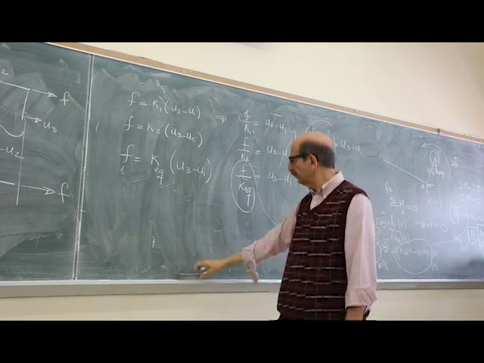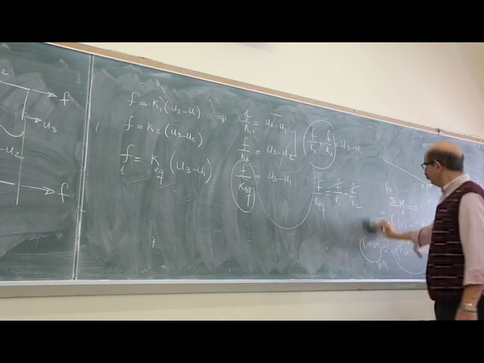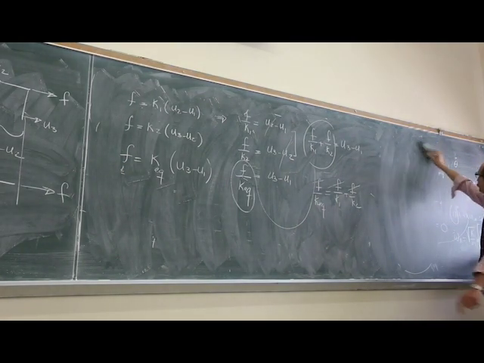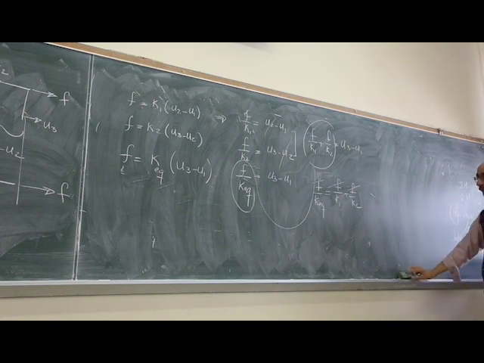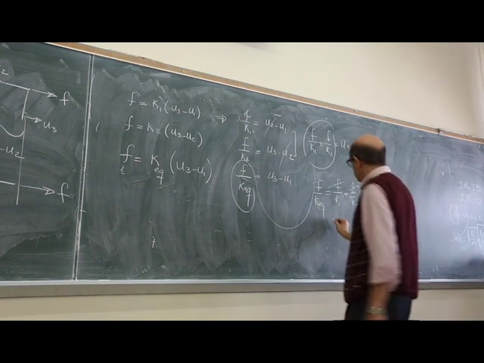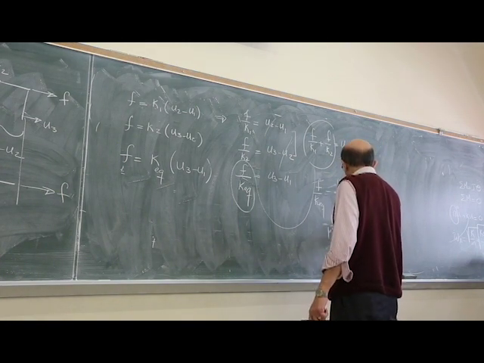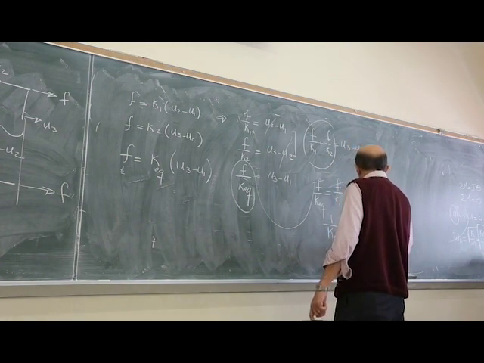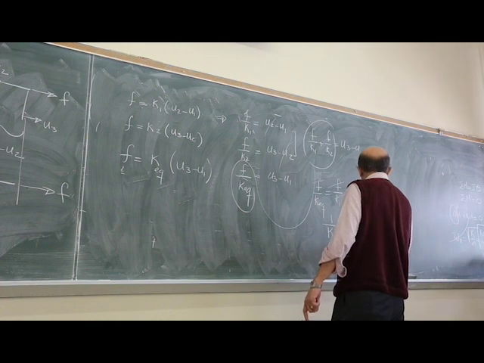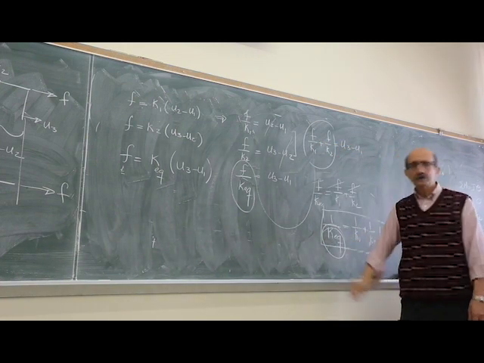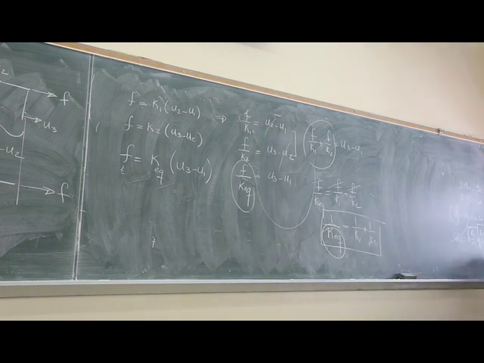F's are equal, so therefore we can reach the conclusion that if two springs are in series, we can replace those two with one single spring, and this is the stiffness of that spring that we need to find.